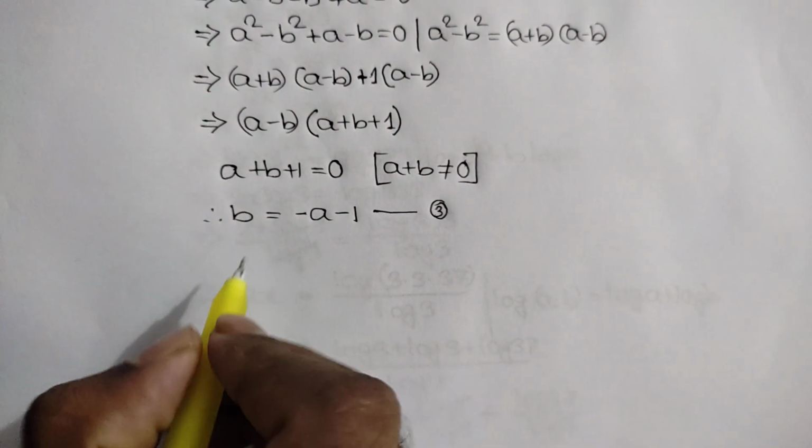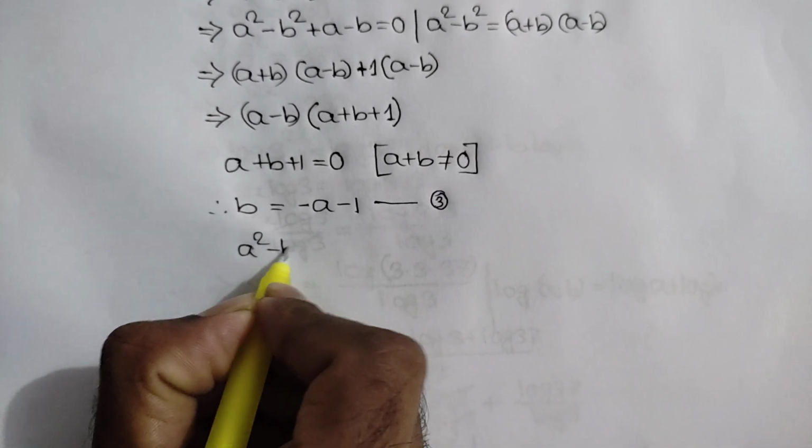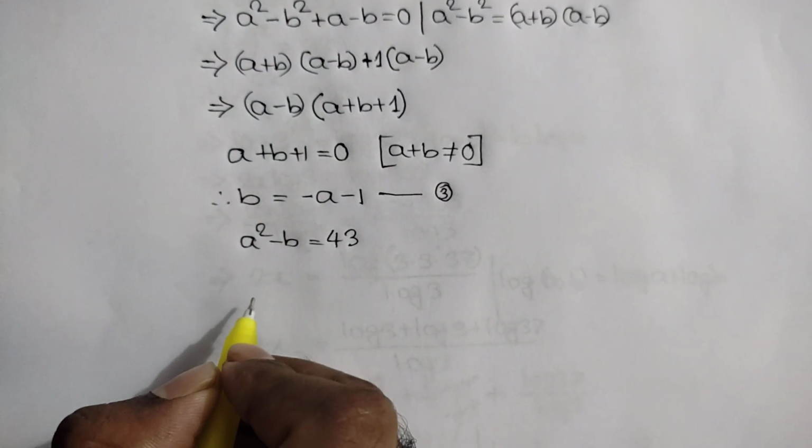Now from equation number 1 we can write a square minus b is equal to 43.